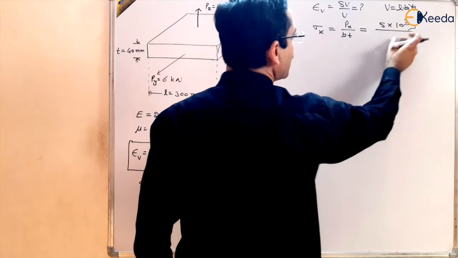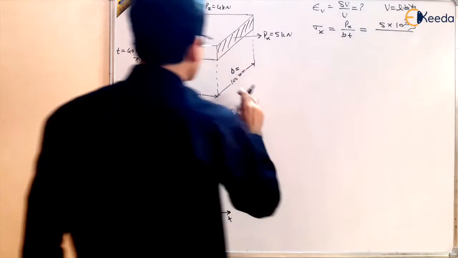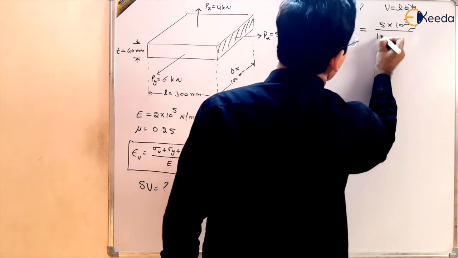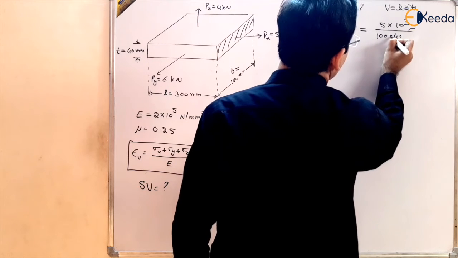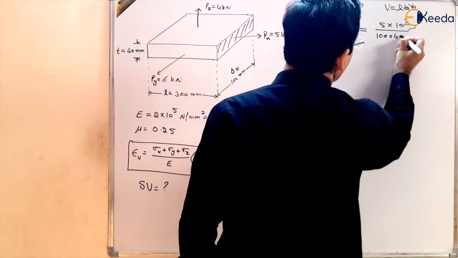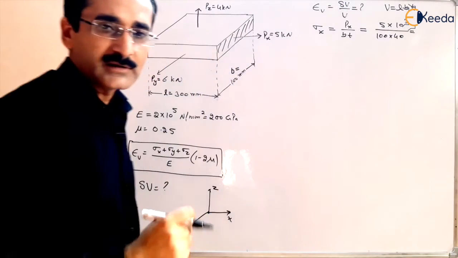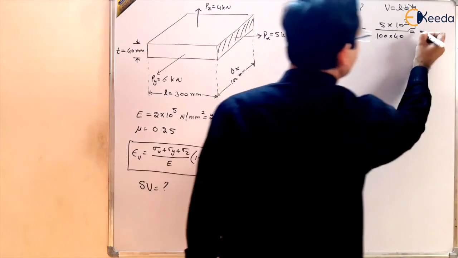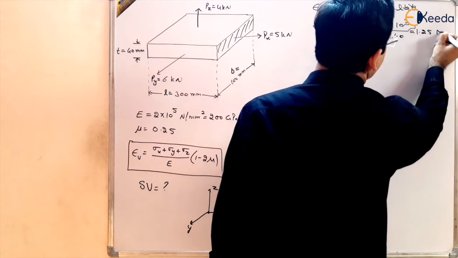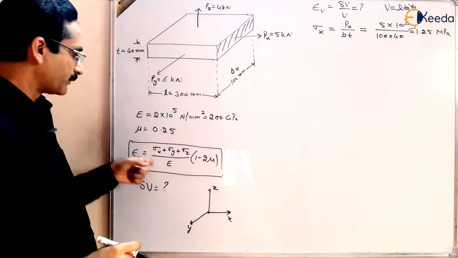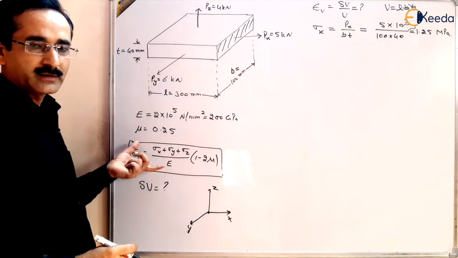Take in mm so that answer may be obtained in megapascal. So sigma x, stress in x direction, will be 1.25 megapascal, to be used in this formula. This formula you have already read in your theory class.